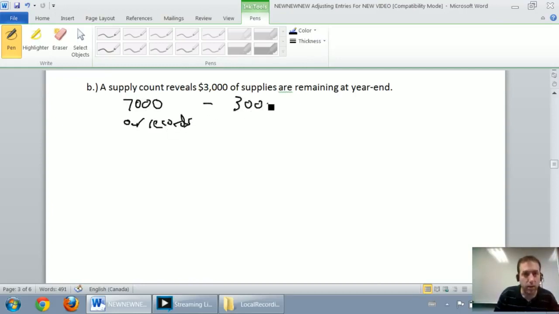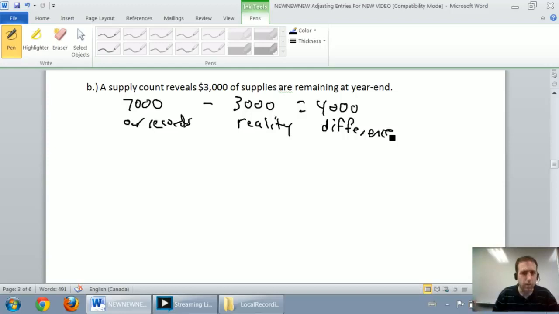According to reality, we counted them. We only have 3,000. I'm just going to call that reality. Well, our records don't reflect reality. Our records are $4,000 off from reality. We better fix our records. So this adjustment will make us in line with what's really happening.